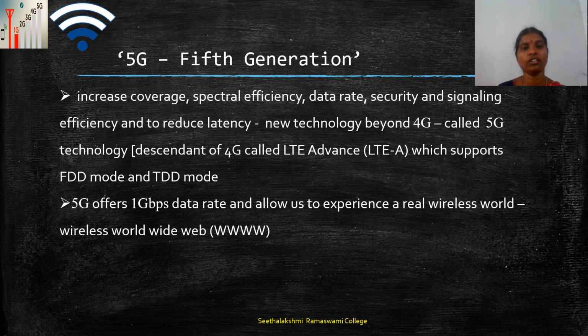Thus, 5G offers 1 Gbps data rate and allows us to experience a real wireless world wide web, that is WWW. It follows an all-IP model to provide interoperability between all networks and uses packet switching rather than circuit switching.